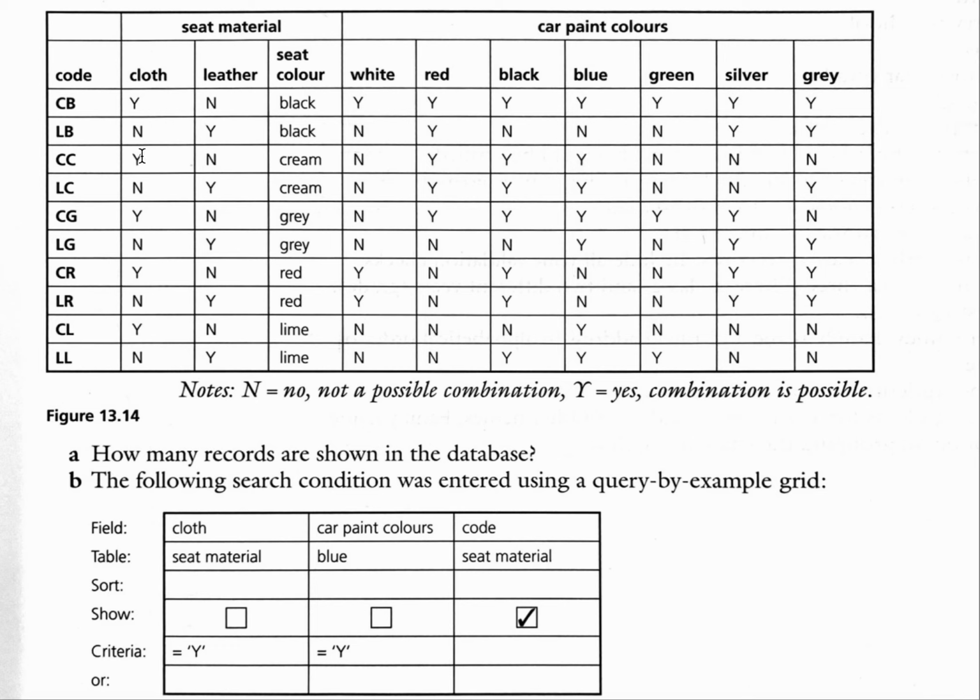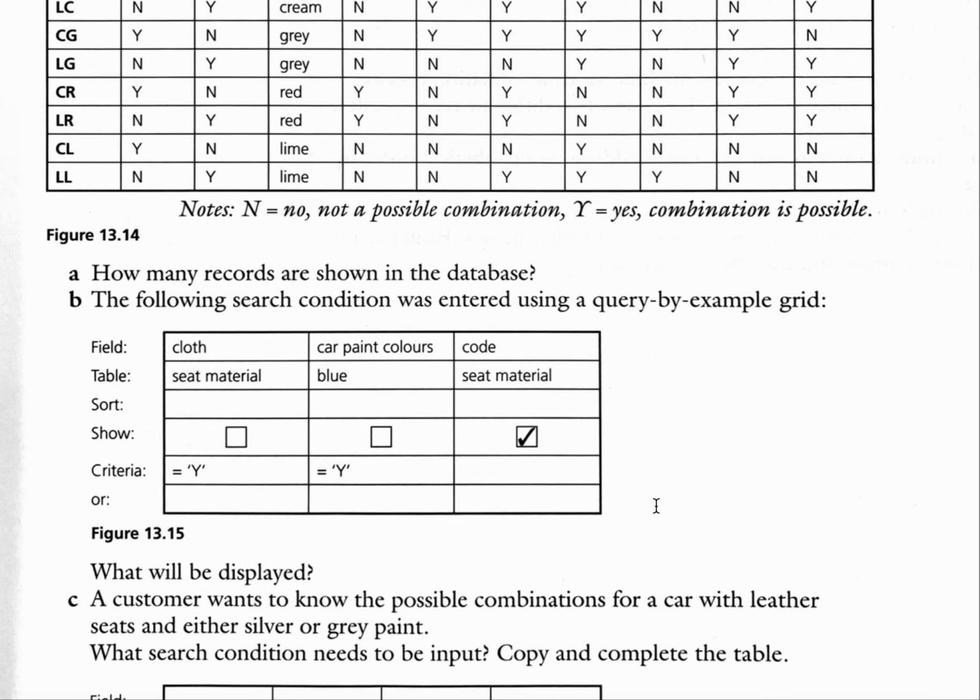CC, that is cloth and blue, yeah. LC, no. CG, yes, that one would work too. LG, no. CL, that is blue and cloth. And then LL is no. Each one of those that I just mentioned, yes.